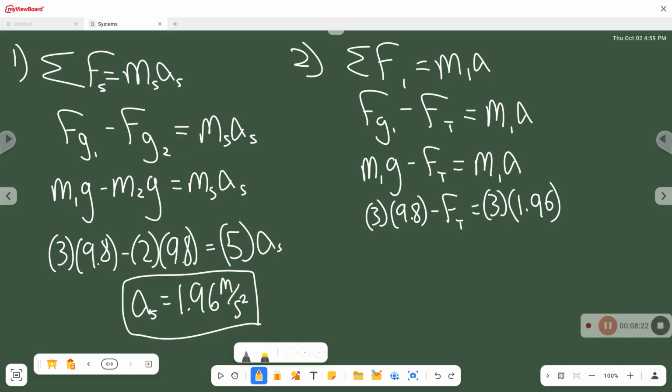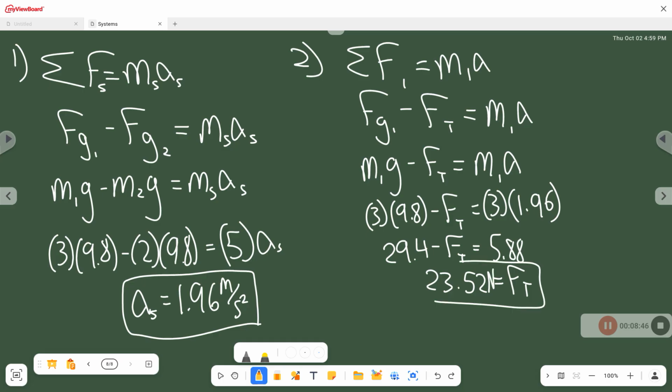We get 29.4 minus force of tension equals 5.88. I'm going to add force of tension to the right side. I'm going to subtract 5.88 from the left side. I'll get an answer of 23.52 is my force of tension for this question. Got to put in units, so that's newtons there. So that's my answer for part 2 there.